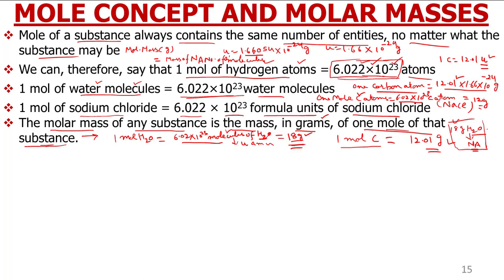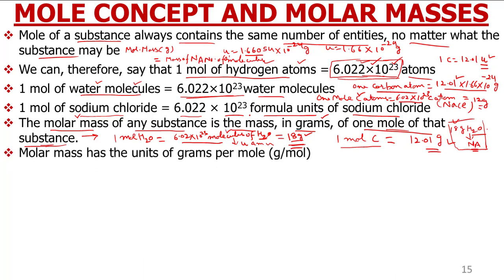If we take Avogadro number of molecules and note down its weight, then the mass of these Avogadro number of molecules will be equal to the molar mass. We call this mass the molar mass, meaning the mass of 1 mole, and if we are talking about atoms, it will be equal to its atomic weight. If we are talking about molecules, it will be equal to its molecular weight. So we can say molar mass has the unit of gram per mole. Why?